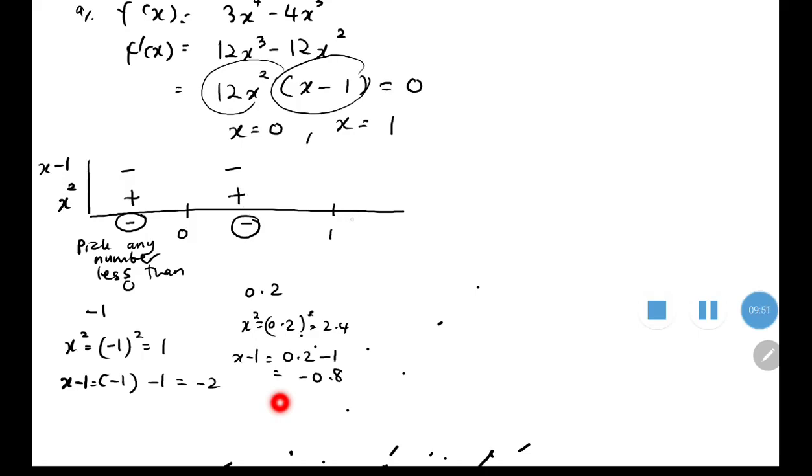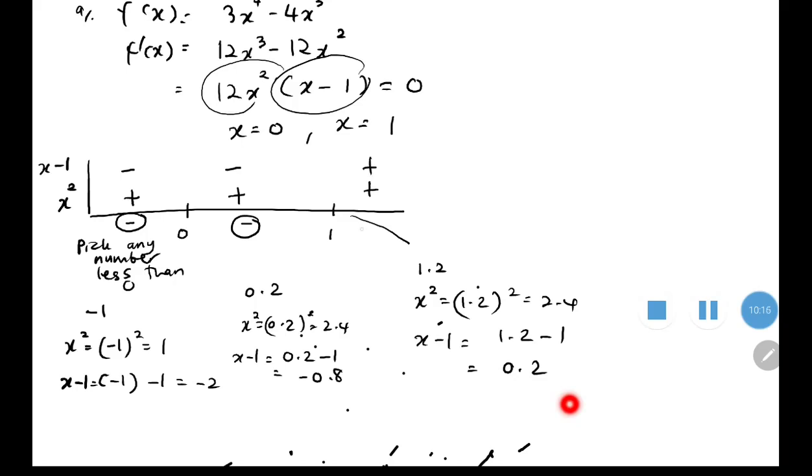Okay, and then the final one here, pick any number larger than 1. So I want to pick 1.2. So x squared, 1.2 squared is positive. And x minus 1, 1.2 minus 1, okay, both numbers are positive. So this one is positive. Okay.